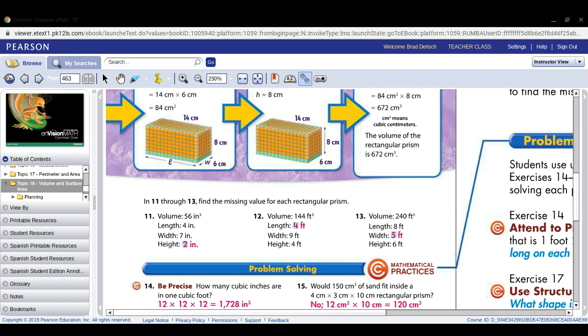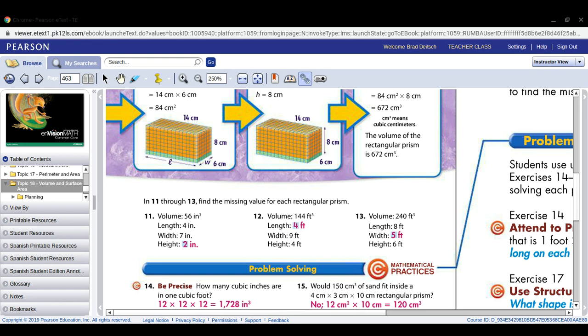Okay, and then what we do is multiply 4 times 7. So what you end up having is 56 equals 28 times x, or whatever you put the variable in for height. Then you use the inverse operation, divide both sides by 28, and you get 2.